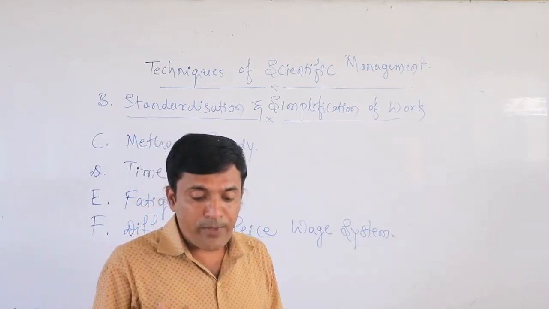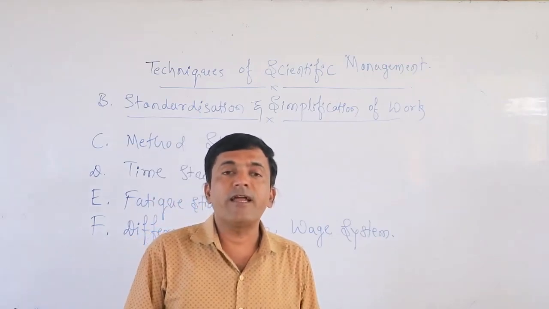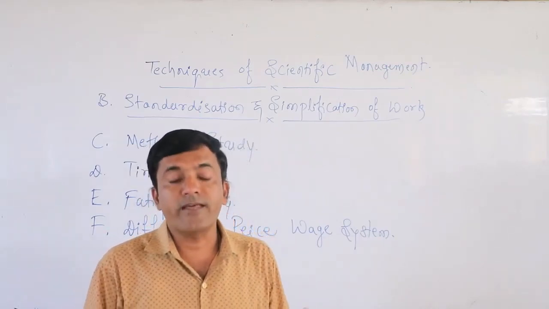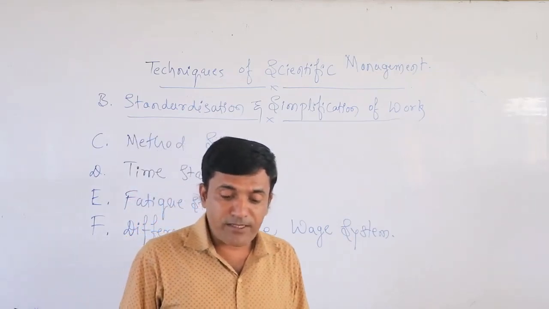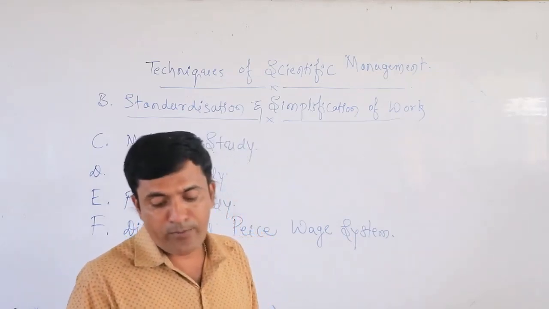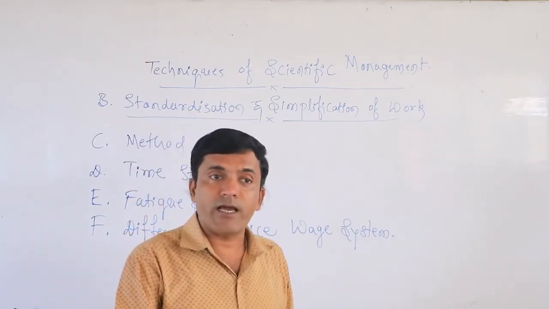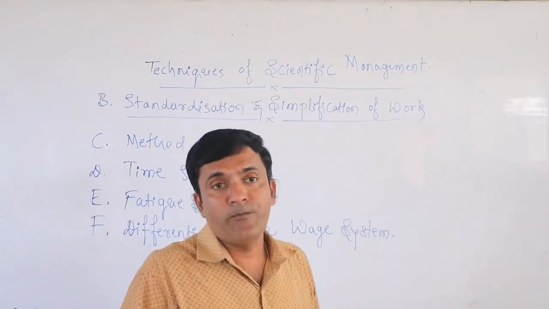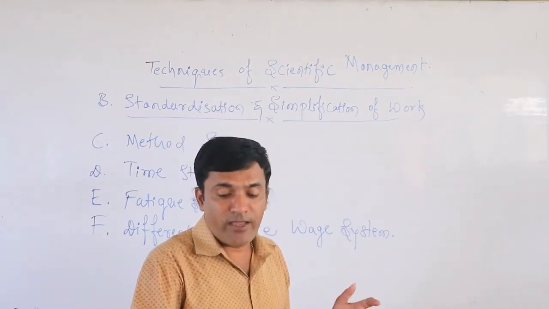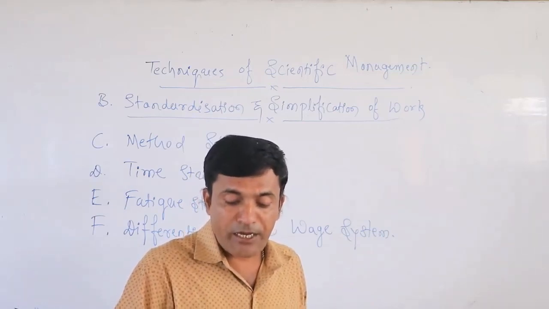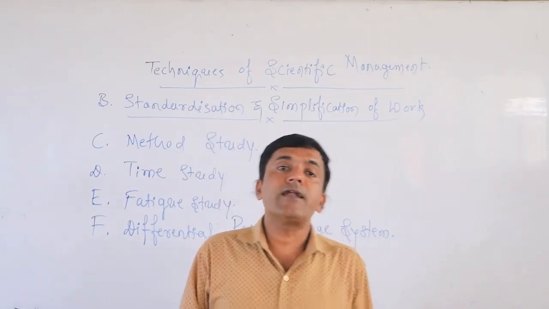Worker B produces 9 units, he gets only rupees 360, at the rate of 40 per unit. This difference of rupees 190 will motivate B to perform better. If he is a real worker, he takes it as a positive in an organization. So next time he will definitely reach or cross the standard output.